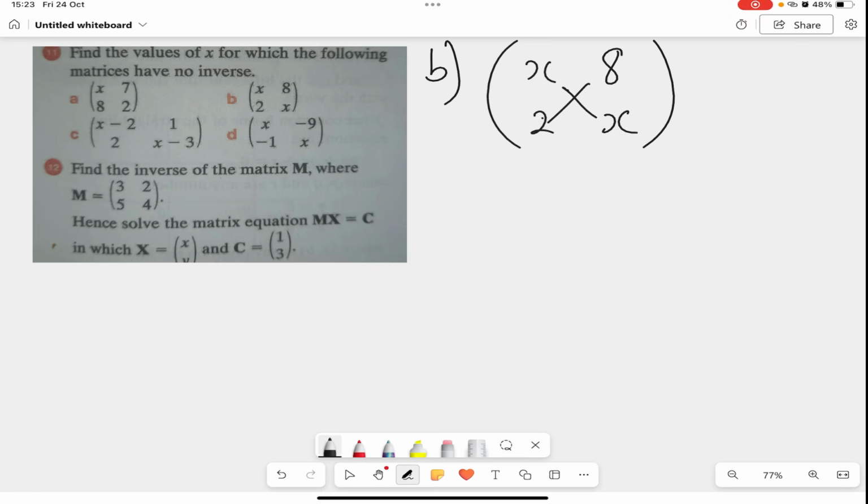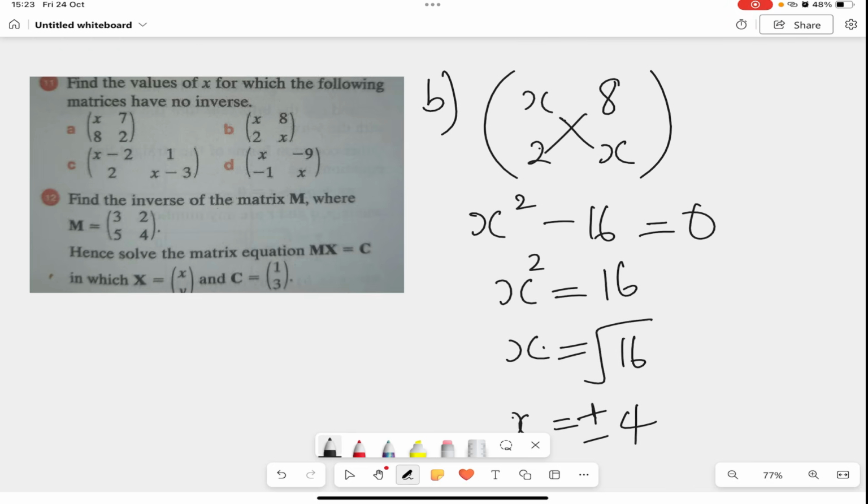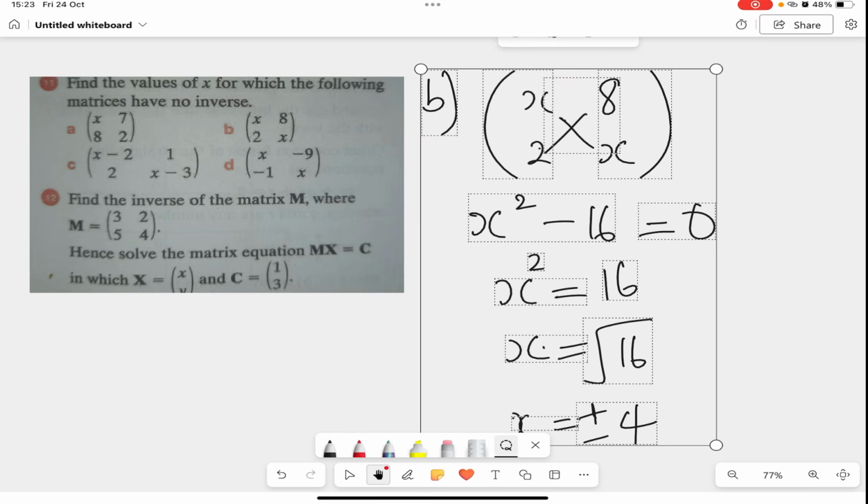We have x squared minus 16 equals 0. x squared is equal to 16. Find the square root of both sides. x equal to root 16. This would give you plus or minus 4. When you take the square root, that's it. It's not a big deal. We're going to the next question.